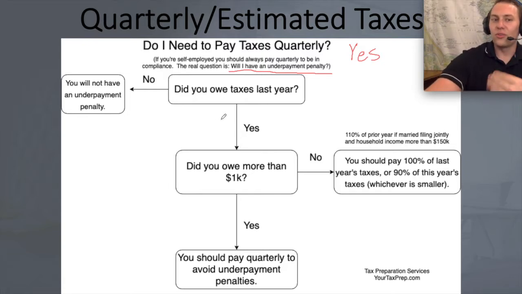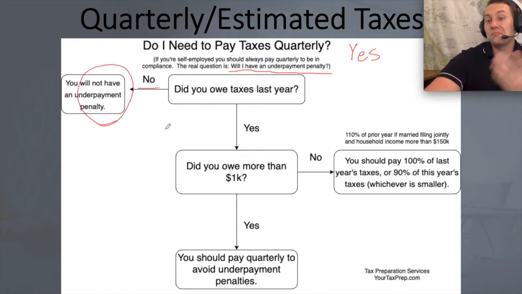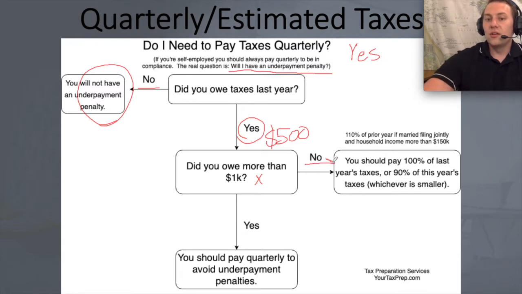But let's run through this real quick. Did you owe taxes last year? Well, no. Okay, you're not going to have an underpayment penalty. So that's good. Did you owe taxes last year? Yes. Well, let's say we owed $500. So did we owe more than $1,000? Not in this situation. So we should pay at least 100% of last year's taxes or 90% of this year's taxes, whichever is smaller.